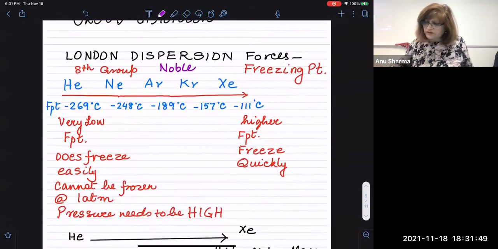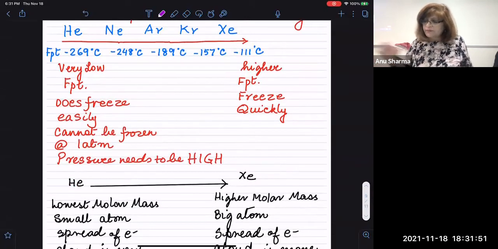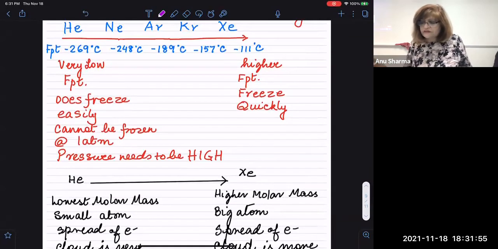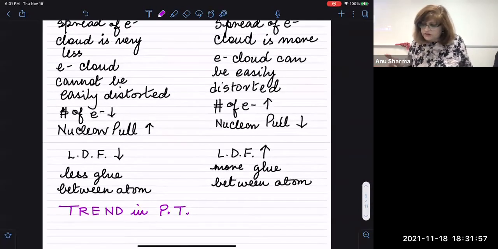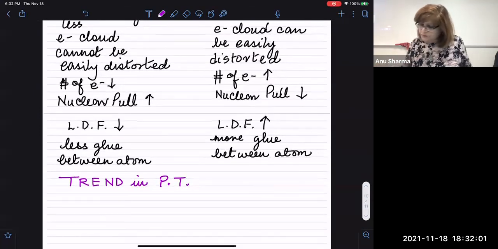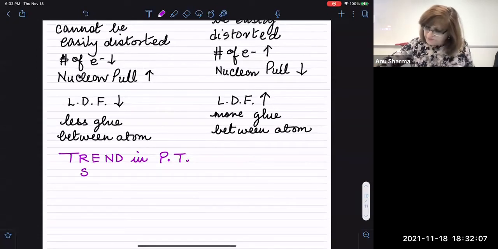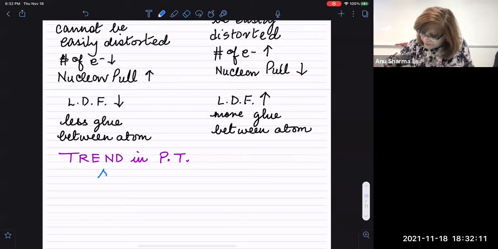Same story with fluorine, chlorine, bromine, iodine. The bigger the atom, the more quickly it is going to freeze, because there are so many electrons there and the spread is more.